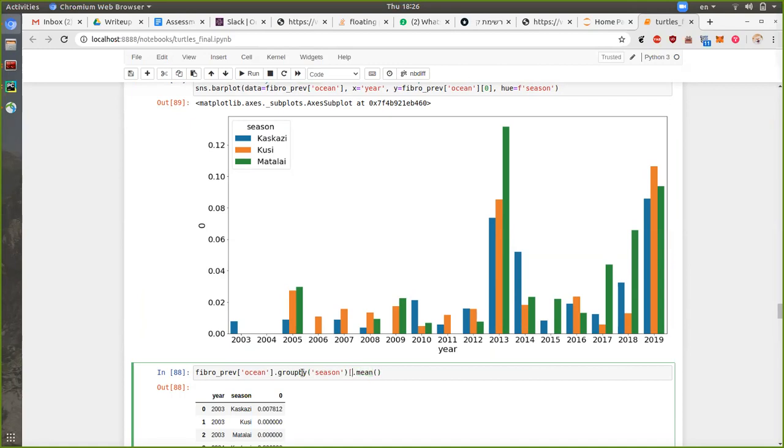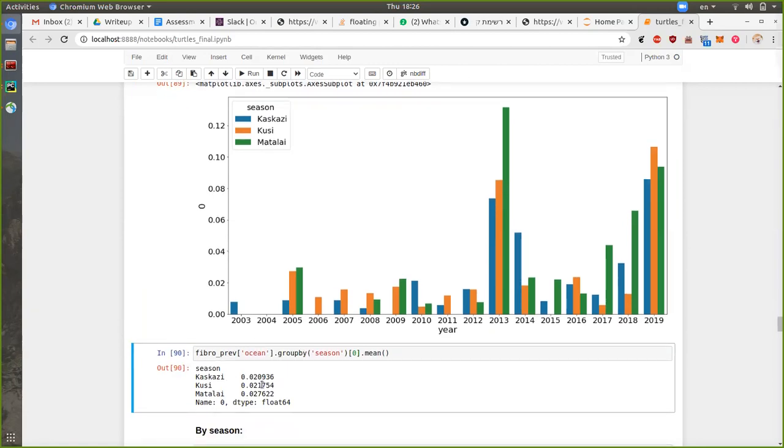However, overall, there was no significant prevailing prevalence. So Matalai is the highest. Yeah, Matalai has the highest. I'm surprised with those numbers that we're not getting a significant result. Matalai is so much more than the other two.